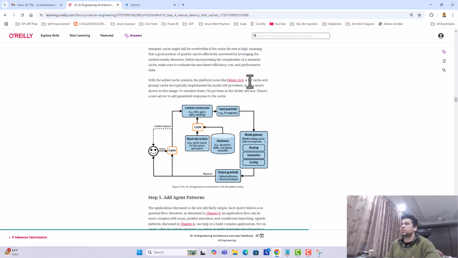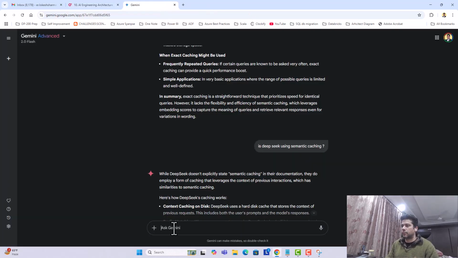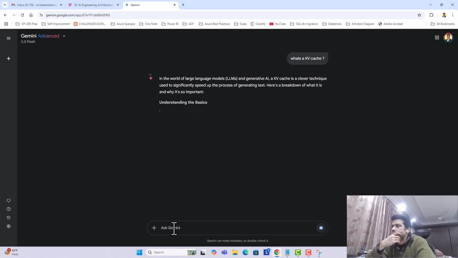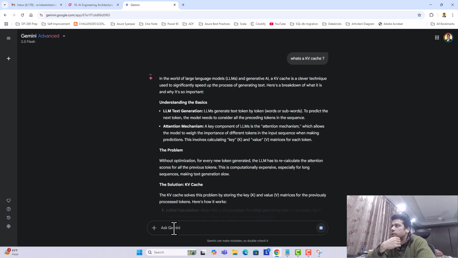What's a KV cache? I didn't understand that. The KV cache is a technique used to speed up generative model inference.